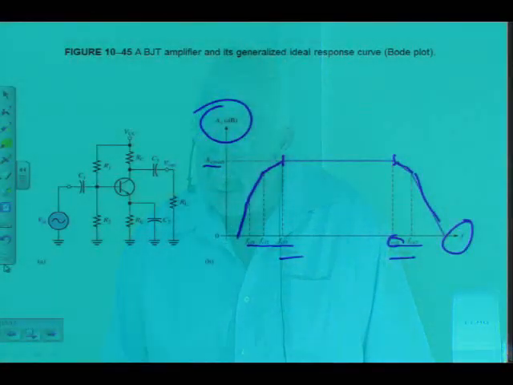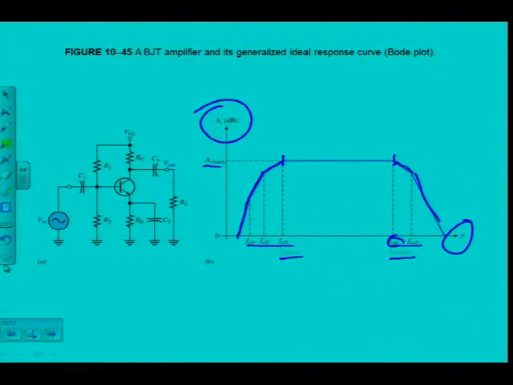So as we go back to our books, if I ever ask you in the test or the exam to explain this for me, and you have to draw this generalized ideal response curve of the Bode plot, then you have also to show me where the bandwidth is measured. And it's from that to that, which are the dominant lower critical frequency and the dominant upper critical frequency.